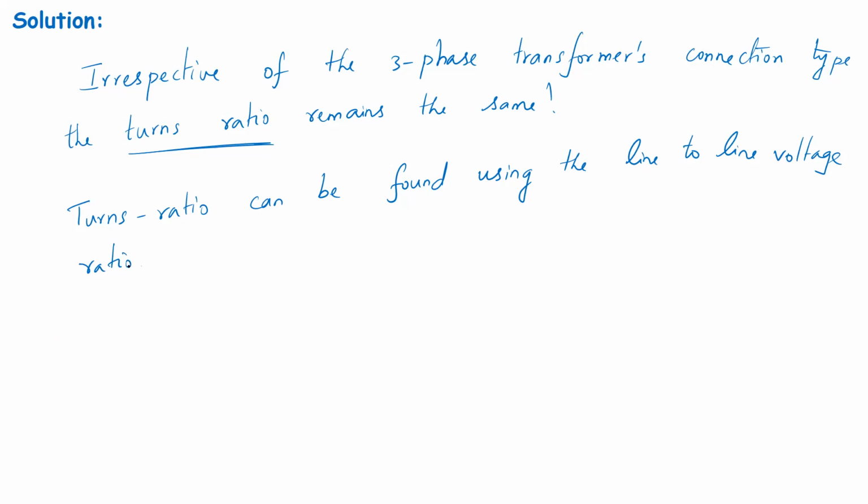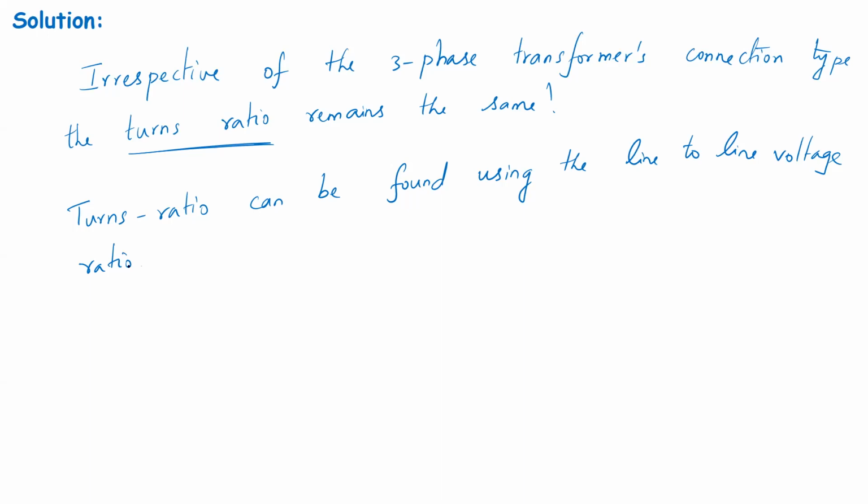What this means is, when we have a three-phase transformer, whether the connection of the transformer is YY, Y delta, delta Y, or delta delta, as long as we know the line-to-line voltages of the transformer, then the turns ratio of the transformer can be obtained by simply taking the ratio of these line-to-line voltages.